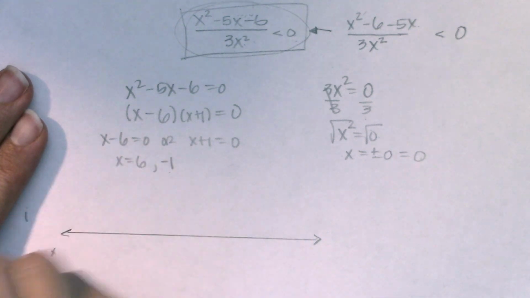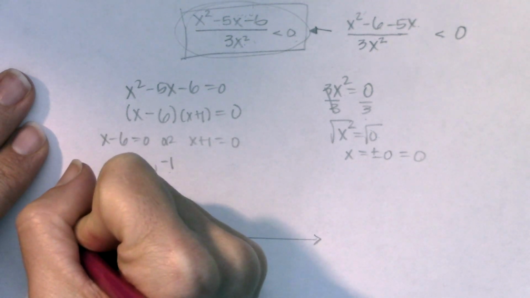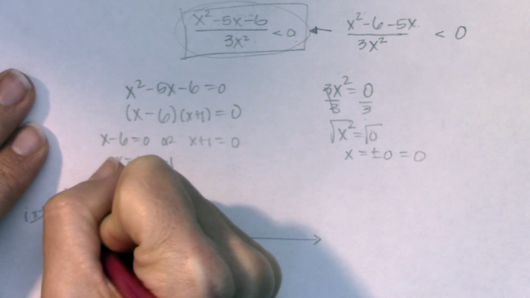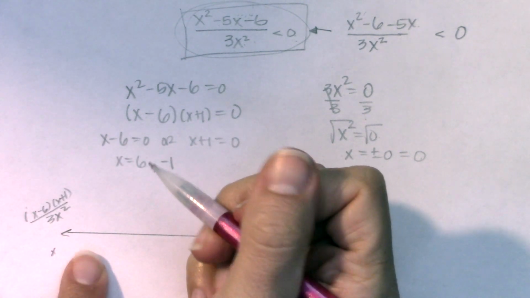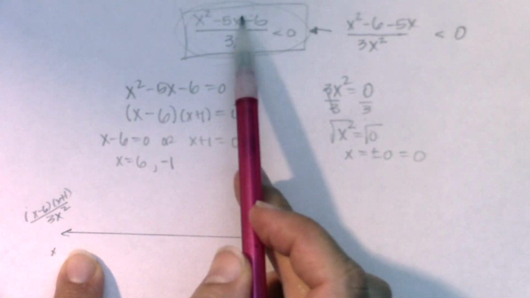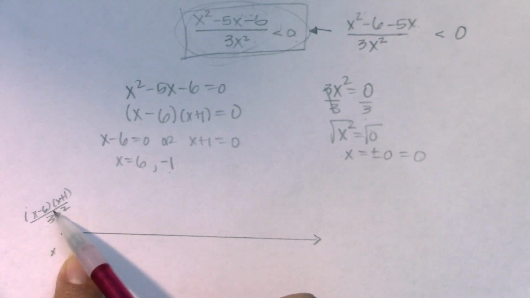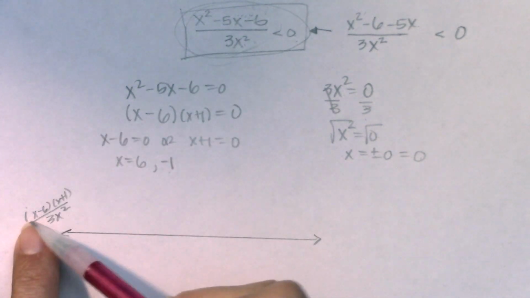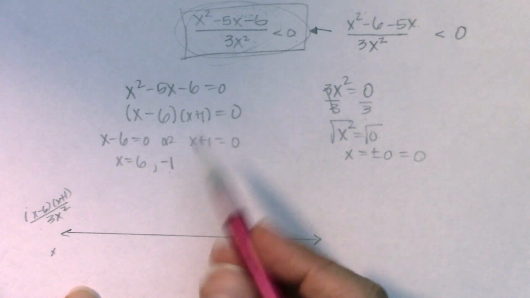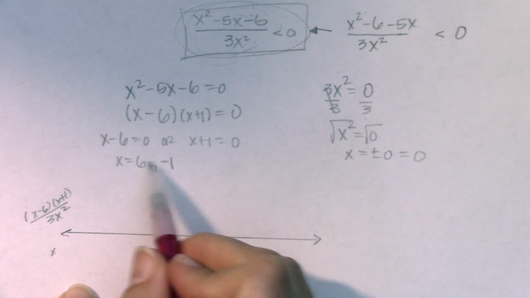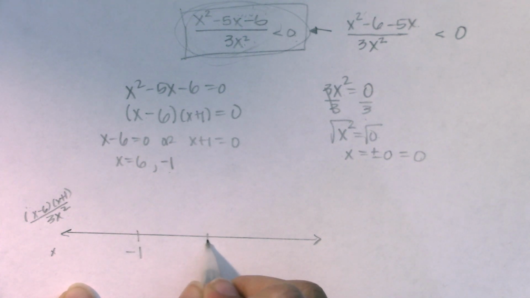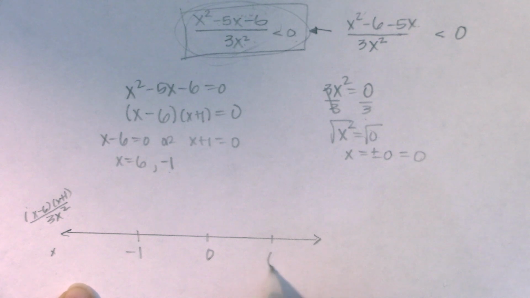I'm going to put x minus 6, x plus 1 over 3x squared here. All right, and can we see all of that? Looks like it. So I put this rational expression here, but it's the factored form in the numerator. So instead of writing x squared minus 5x minus 6, I'm showing it with the factors. And the 3 points of interest, or the 3 x values, were negative 1, 0, and 6.